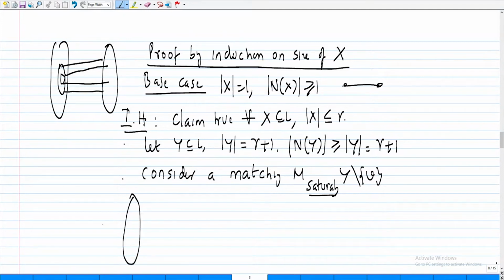Y is the set, it's of size R plus 1. Now you take one vertex V and say, okay, I'm going to remove this guy. Now you can apply your induction hypothesis because Y is smaller. You know that the neighborhood of Y and all subsets of it satisfy this condition. Therefore, there is a matching here.